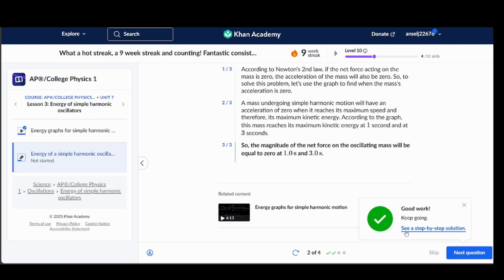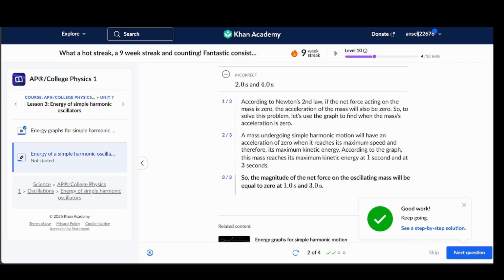Yeah. Okay, let's see the reasoning behind this. According to Newton's second law, if the net force acting on the mass is 0, then the acceleration of the mass will also be 0. So to solve this problem, let's use the graph to find when the acceleration is 0. A mass undergoing simple harmonic motion will have an acceleration of 0 when it reaches its maximum speed, and therefore its maximum kinetic energy.